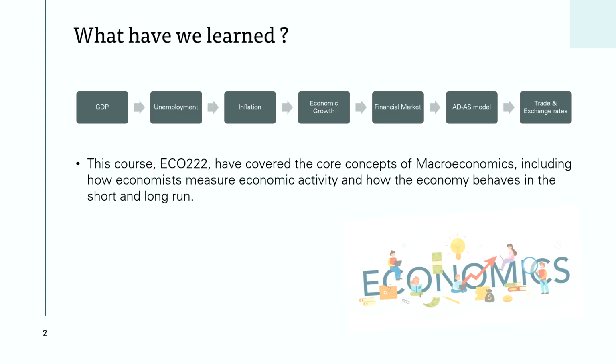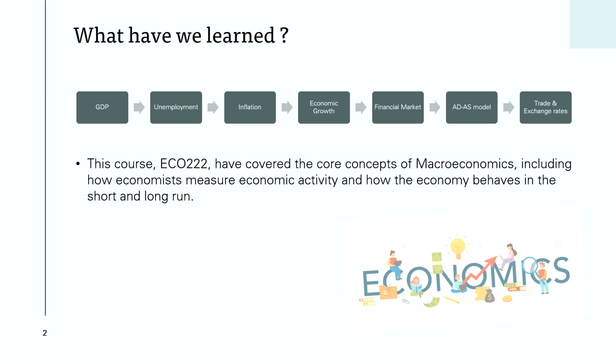This course has covered the core building blocks of macroeconomics. We started by learning how economists measure economic activity and how the economy behaves both in the short run and the long run. Throughout the lectures, we used the same toolkits again and again, such as GDP, unemployment, inflation, productivity, the financial system, and the ADAS model.